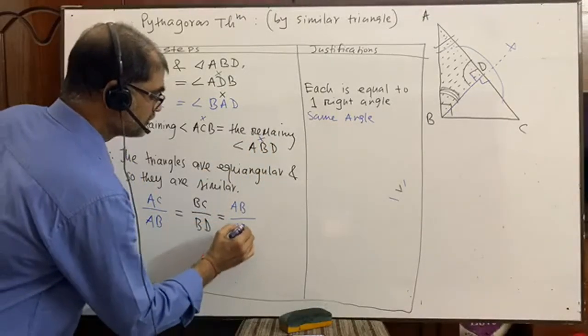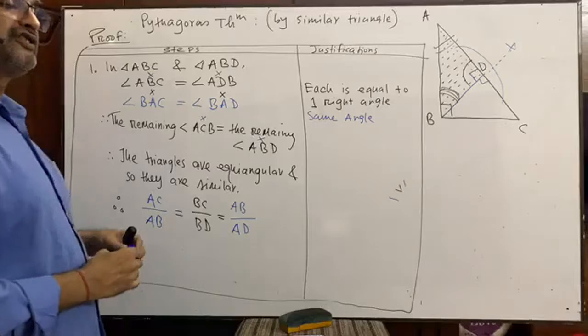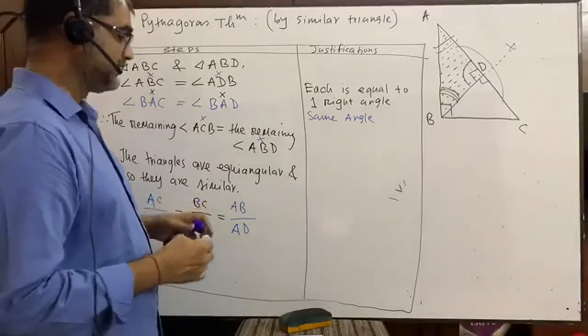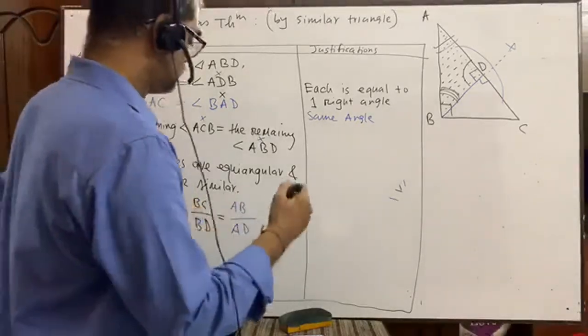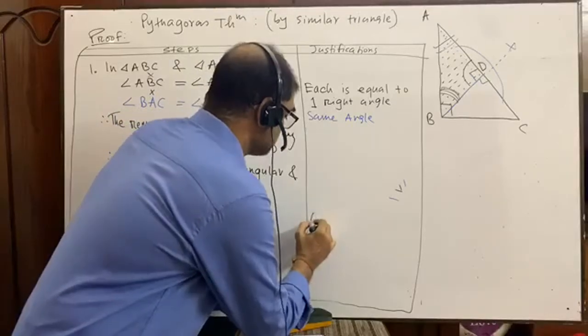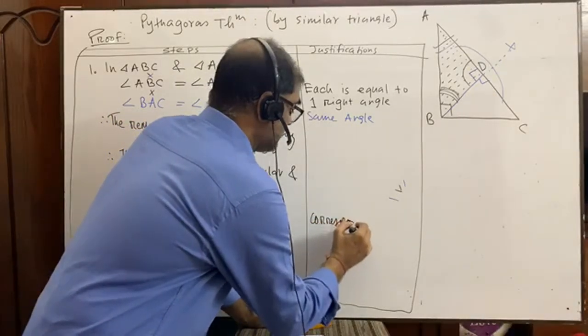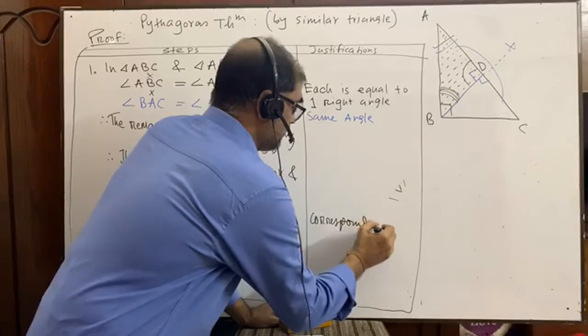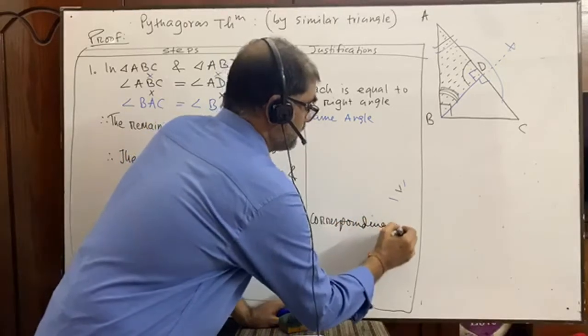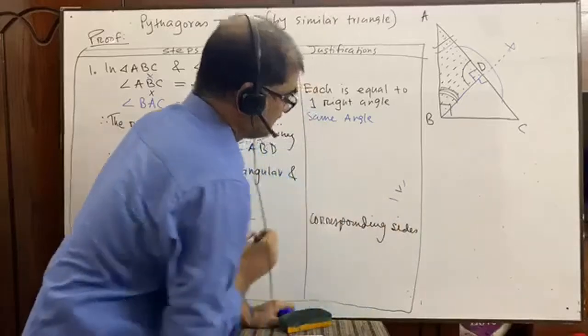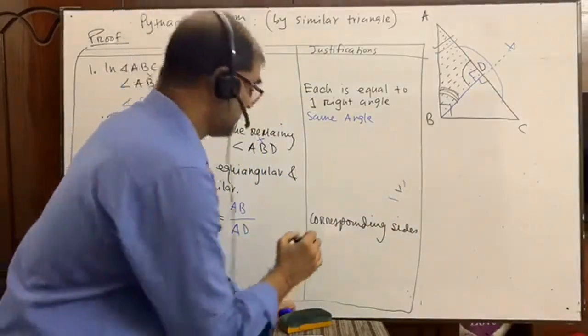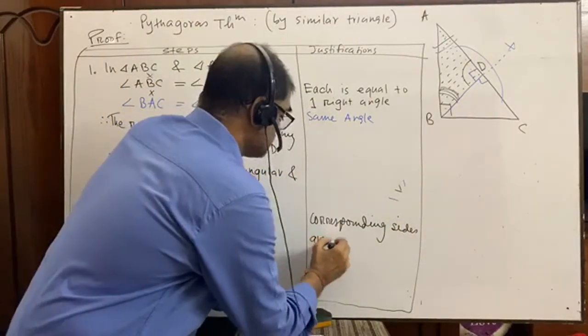Dear students, in this line you must give a statement that is called justification. Corresponding sides are proportional. I am writing here, corresponding sides are proportional.